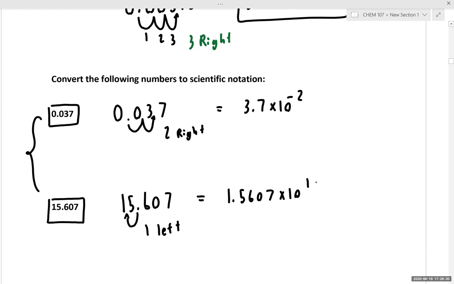Do these two examples make sense to everyone? Oh, question. Yes. So do we need to write 10 to the first? Can we just omit the first? Just 1.567 times 10, not like 10 to the first? So in scientific notation, you typically include the power of 10 just for completeness.